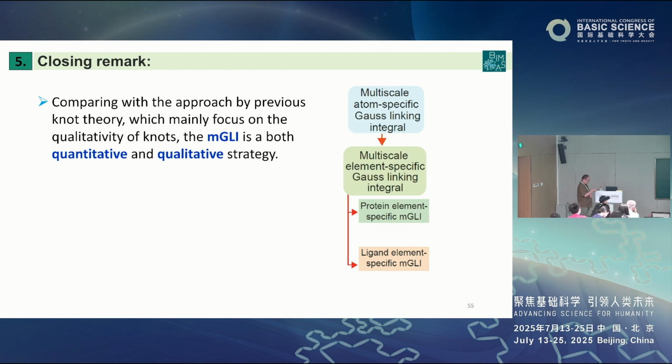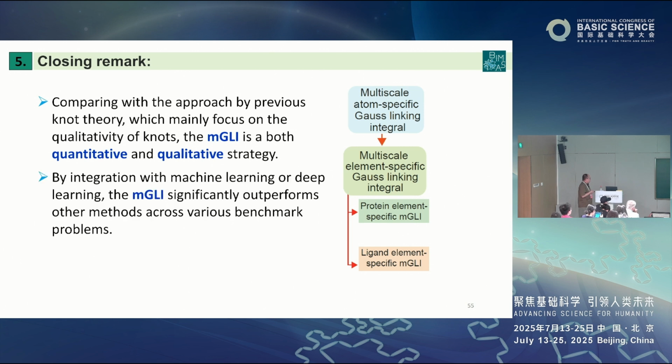So finally, the closing remarks. Compared with the approach by previous knot theories, which mainly focus on the qualitative aspects of knots, MGLI is both a quantitative and qualitative strategy. By integration with machine learning or deep learning, MGLI significantly outperforms other methods across various benchmark problems.